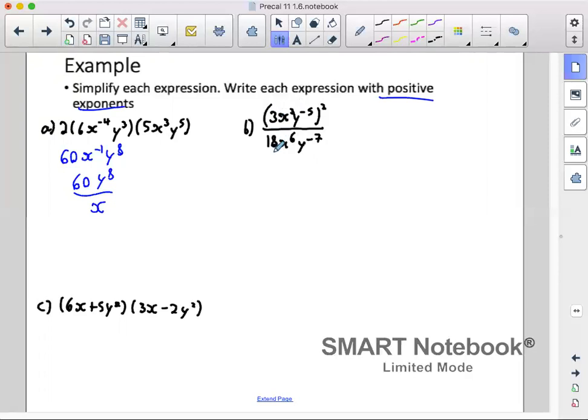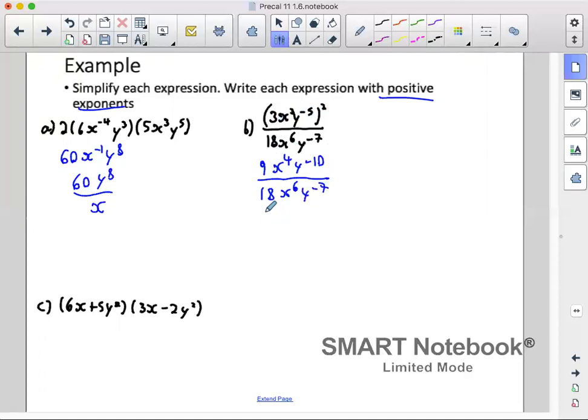This one, we can divide or simplify like terms. So actually first we'll apply the exponent here. So we have 9x squared, to the power 2 would be 4, y to the negative 10, over 18 x to the 6 y to the negative 7.